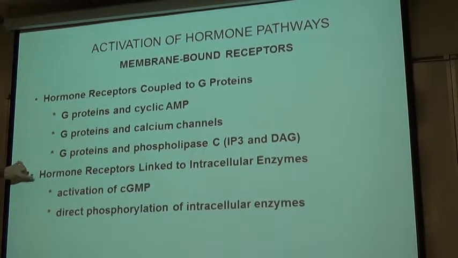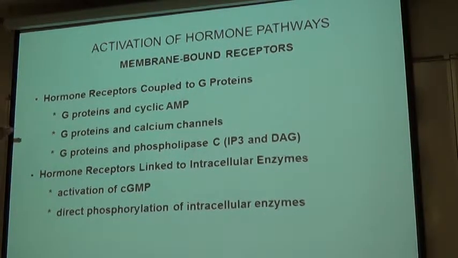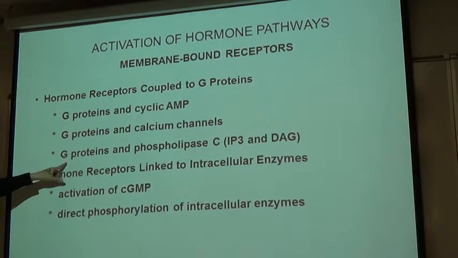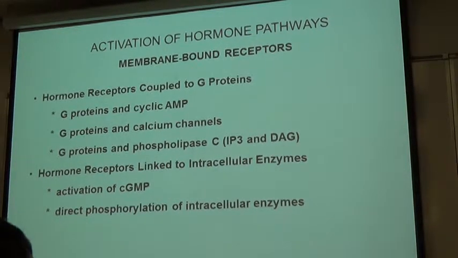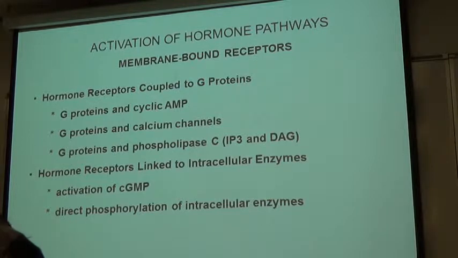So these are the two major mechanisms by which we cause proteins that can't go into the cell to cause changes. The most common is using G proteins. The first G protein pathway to be described was for norepinephrine.